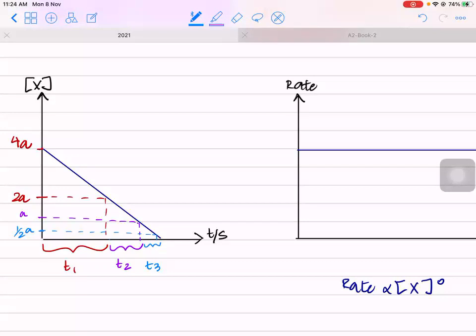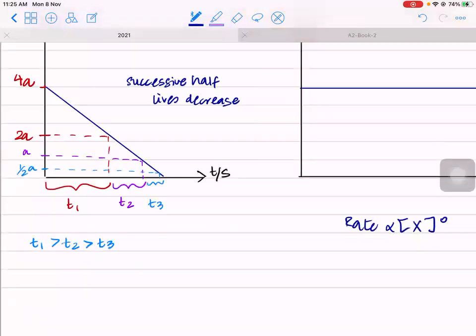Do you see? T1 is greater than T2, which is greater than T3. Or can I say if successive half-lives decrease, then you will know it is zero order. So in zero order, successive half-lives tend to decrease.